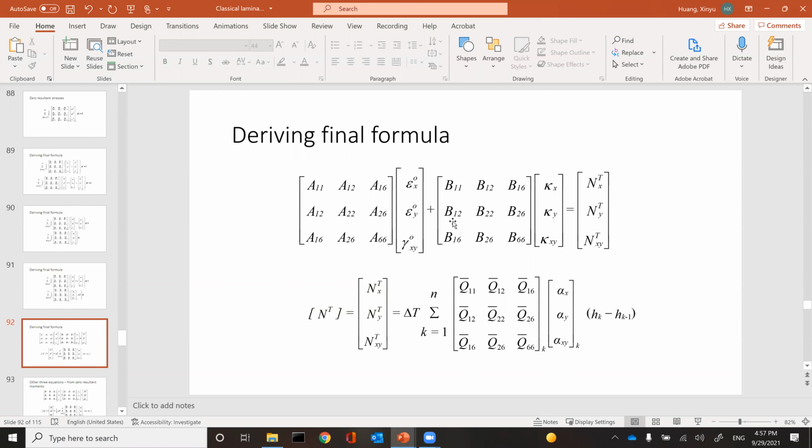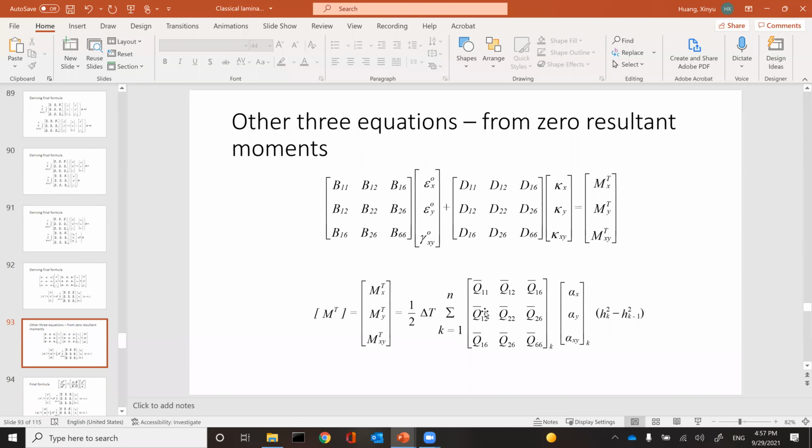And then on the right-hand side is the NT vector. NT vector equals this. Okay. And you can similarly argue that for the laminate, you should have a zero moment, because even though the laminate tends to curve, tends to bend, due to the fact that different layers fight against each other, your total resultant moment from all the layers together should be zero.